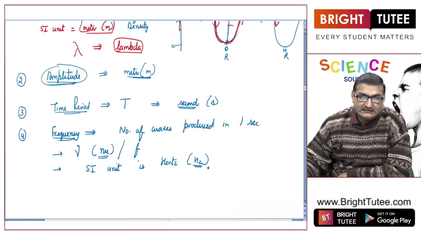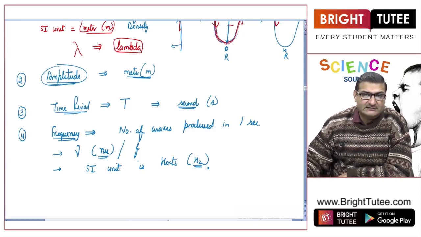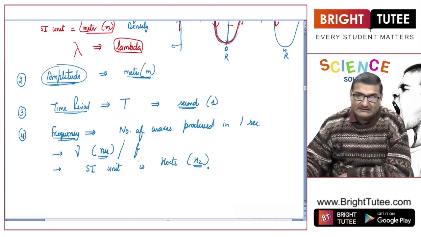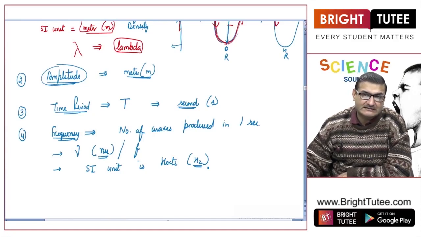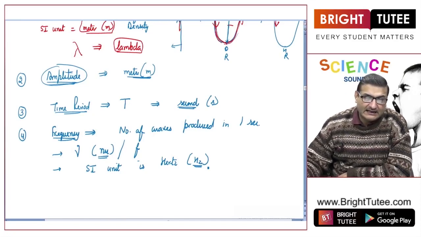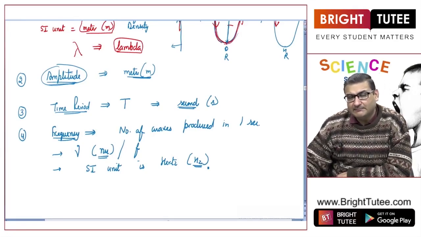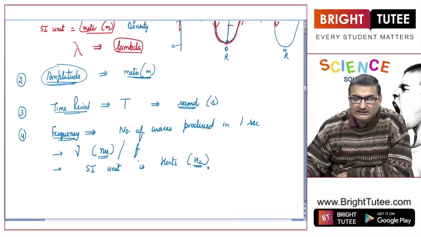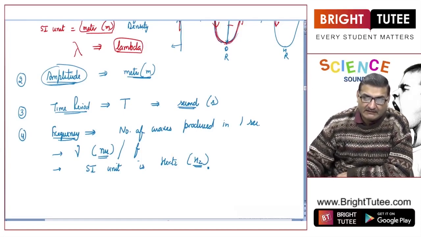This is the one marker. Many times it is asked, what is the SI unit of frequency? That is hertz, right? So we measure frequency in terms of hertz, and frequency means the number of waves produced or the number of cycles completed by a wave in 1 second, right?